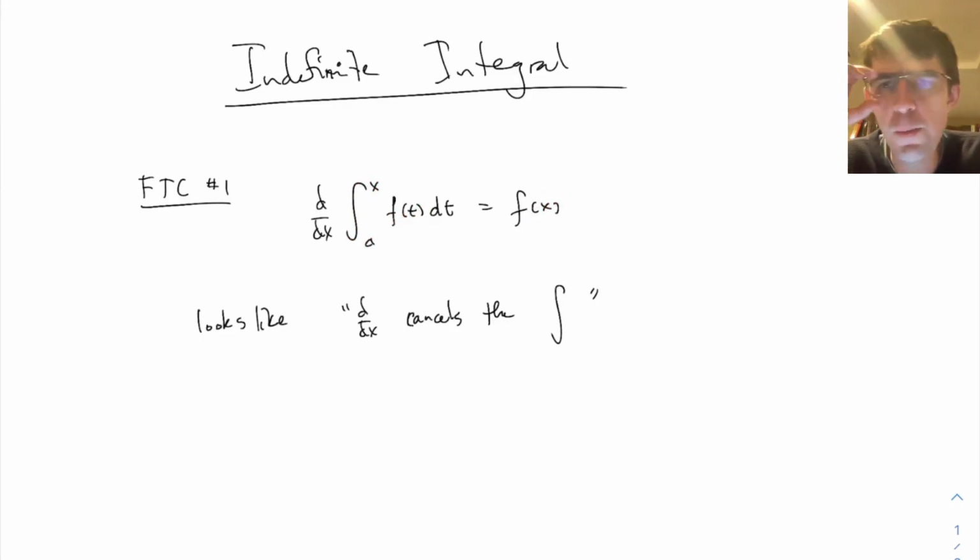It's almost as if the derivative is canceling the integral sign. This is not a totally wrong idea. Another way of saying that is that the derivative of this equals this, so this is an antiderivative of this.